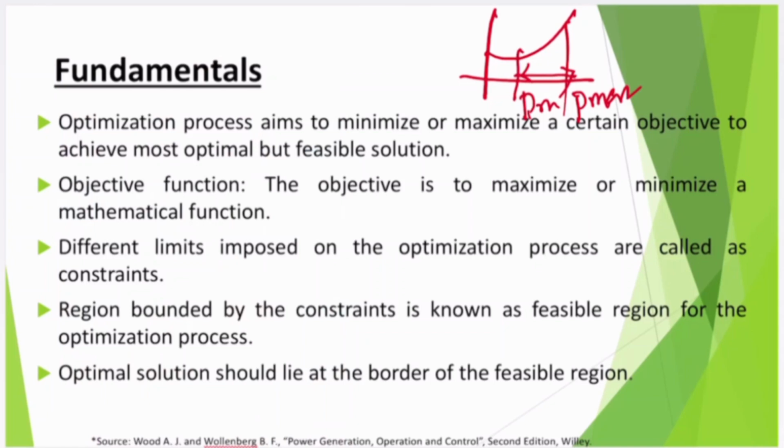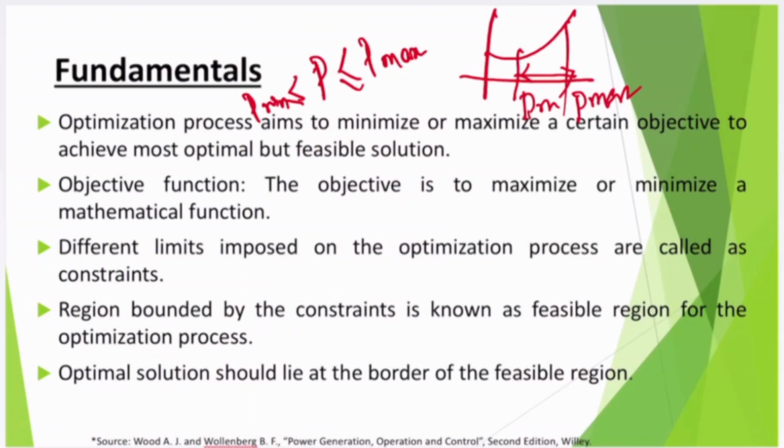I can rewrite that P must be less than or equal to P maximum and greater than or equal to P minimum. This equation is known as my constraint equation.